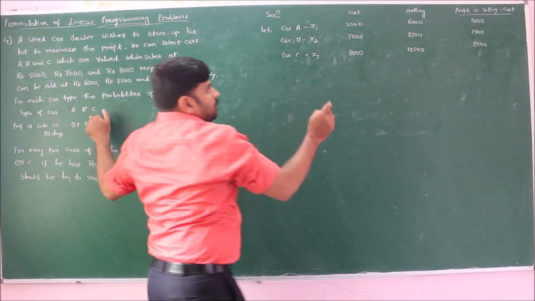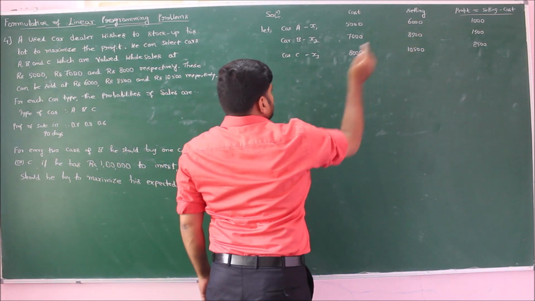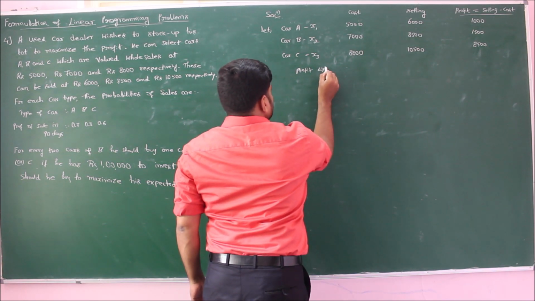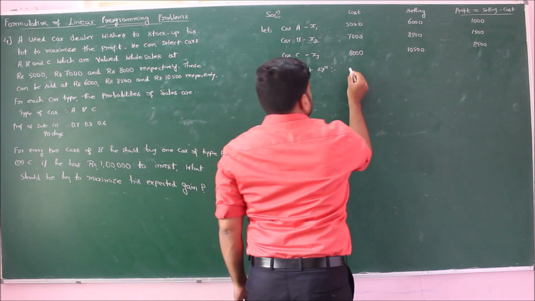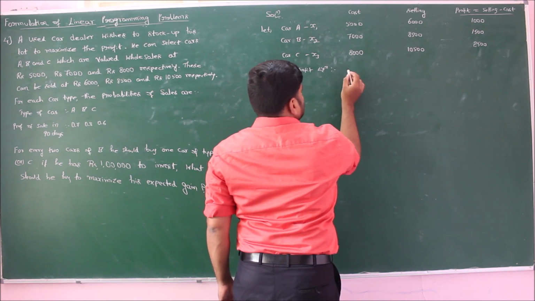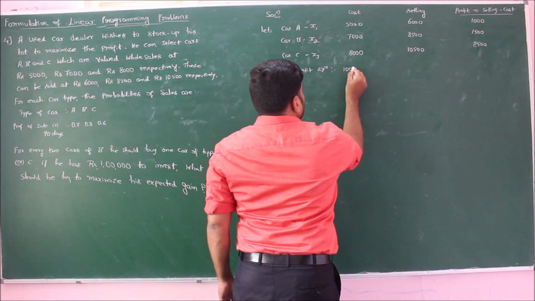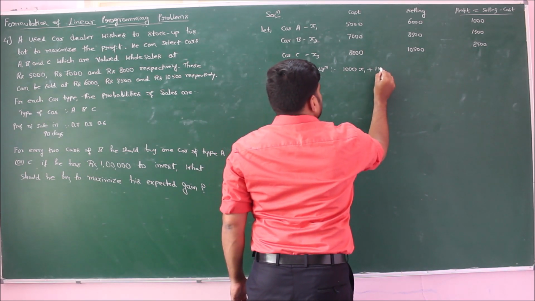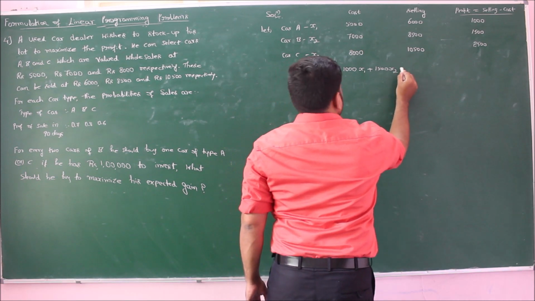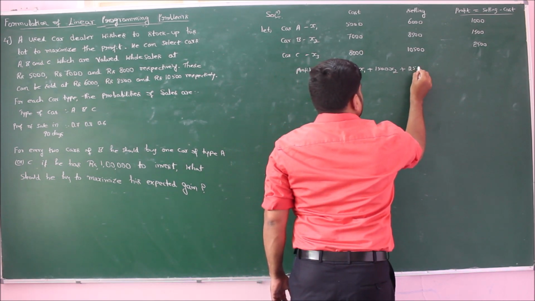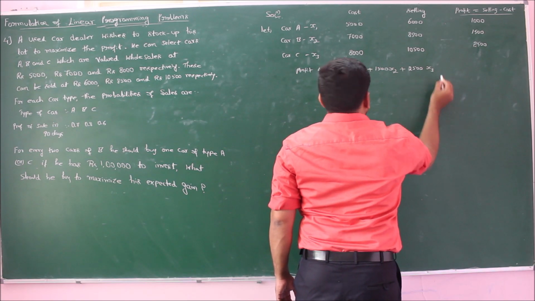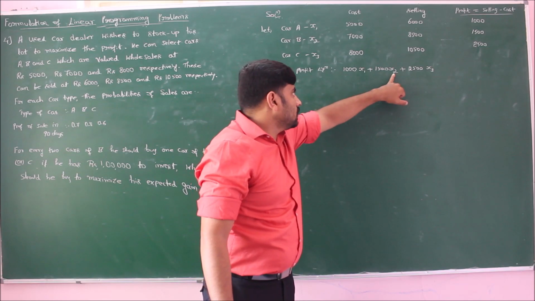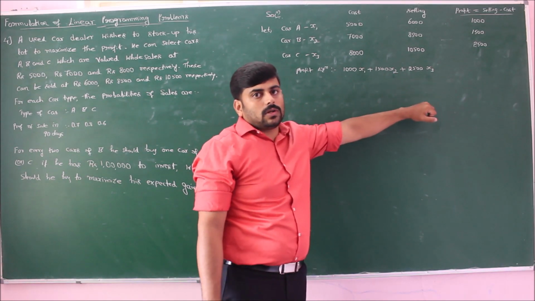Now the actual profit equation is ₹1,000 on each car of A plus ₹1,500 on each car of B plus ₹2,500 on each car of C. But all the cars A, B, and C are not sold.